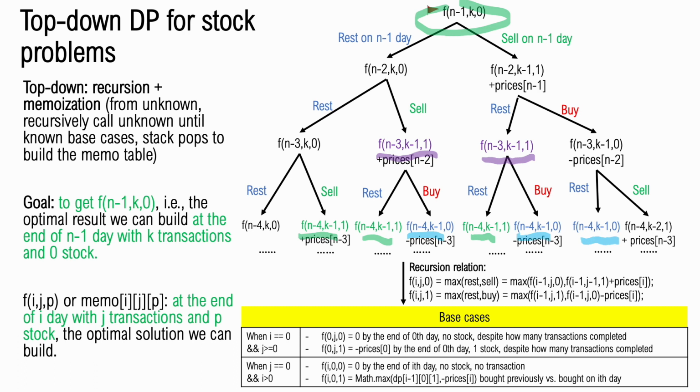So from this recurrent tree, we can see that this problem can be solved with dynamic programming by having those two attributes.